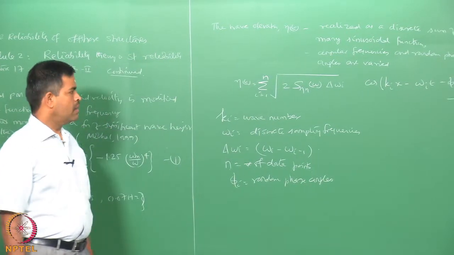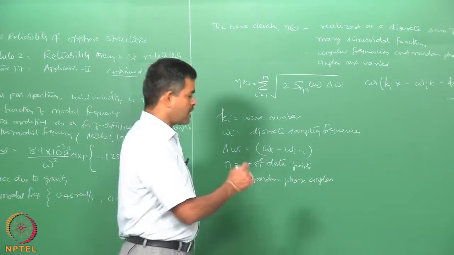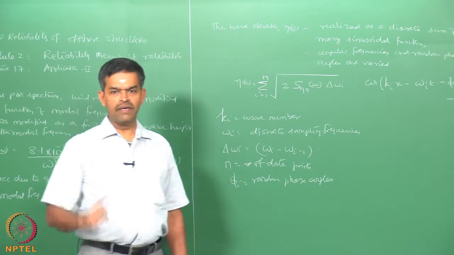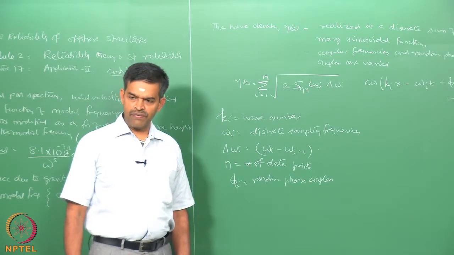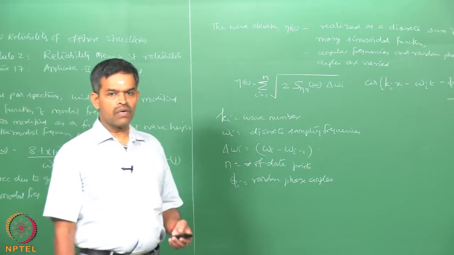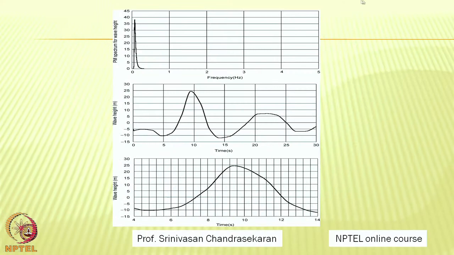Now, interestingly, the generated wave profile is designed to have a peak at a specific time t naught, which is going to be distinctly high in comparison to other wave heights, and therefore can be classified as distinctly high sea waves. If we look at the figure shown on the screen, the top one shows the generated Pierson-Moskowitz spectrum using the modified values given by Mitchell.